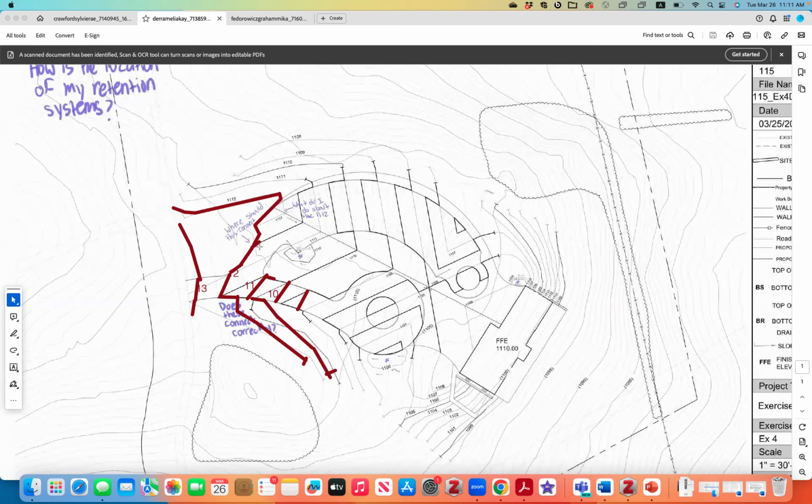That's your 11. Well, I think 11 was not correct in the first place. Let's see. Yeah, 11, it's here. So there is a little bit of a problem.